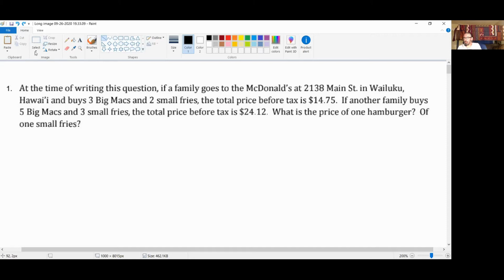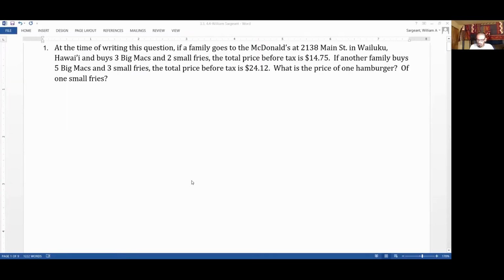It doesn't matter what we name these variables. With different amounts of Big Macs and small fries, we want to know what the price of the Big Macs and the small fries, one of each of them, is.